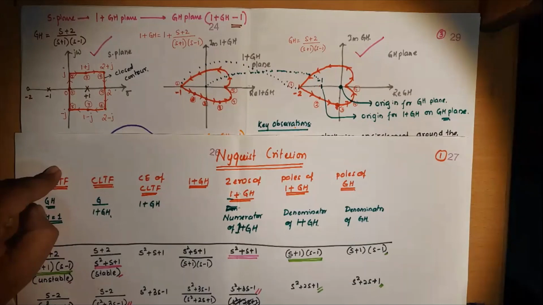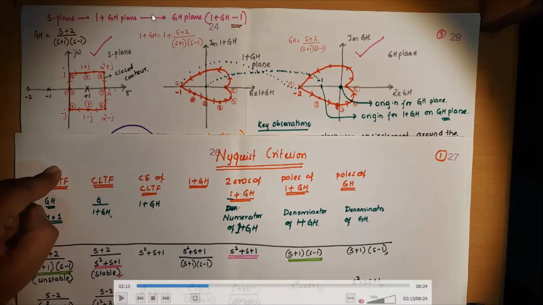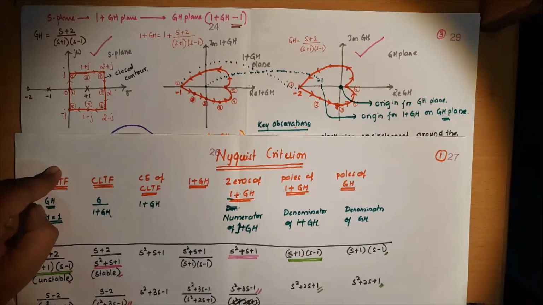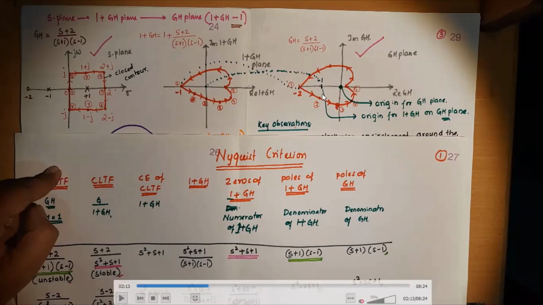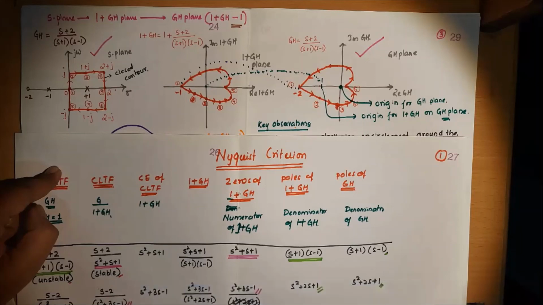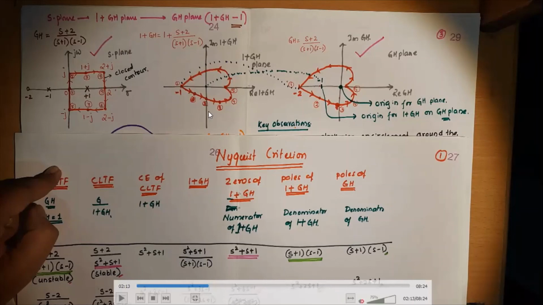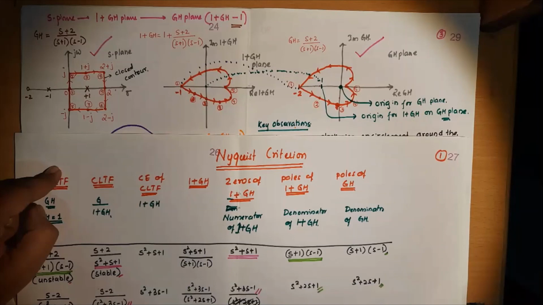So what Nyquist does is, he directly maps the S plane to the GH plane. That's it. And he keeps in mind that -1 is the origin for 1 plus GH on the GH plane. So we erase this second mapping from our mind, and we keep the key point in mind that on the GH plane, -1 represents the origin for 1 plus GH.